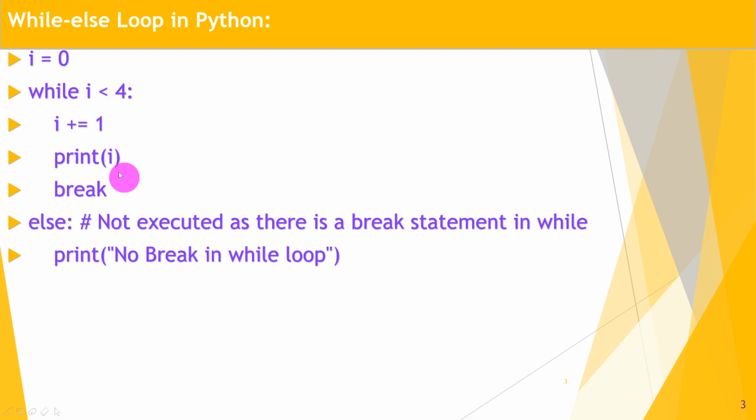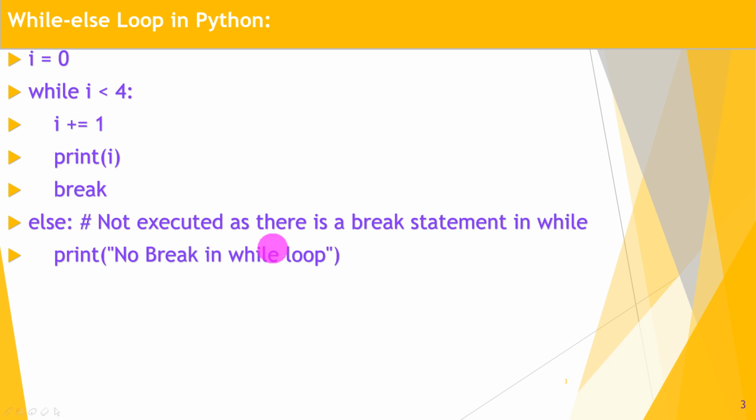Or if an exception is there in the while loop, the cursor goes out of the while else loop and the else part is not executed. Remember, if a break statement is executed, the else part does not get executed. If an exception occurs in the while else loop, then also the else part does not get executed.